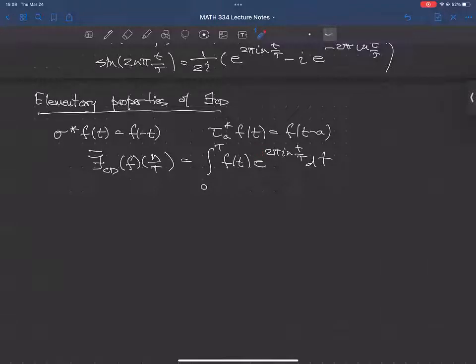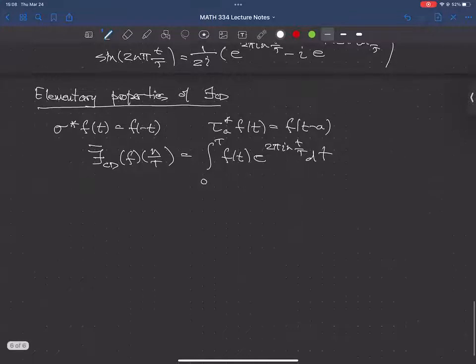Now with this notation, I have some properties, and these are very elementary, so I won't prove any of them.